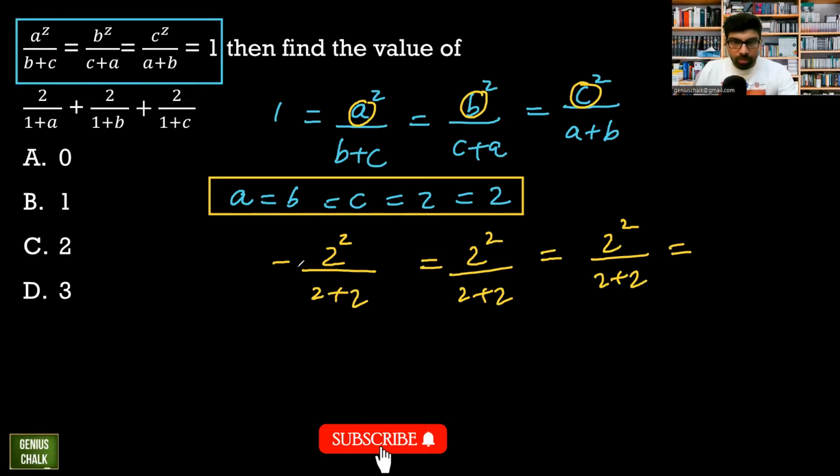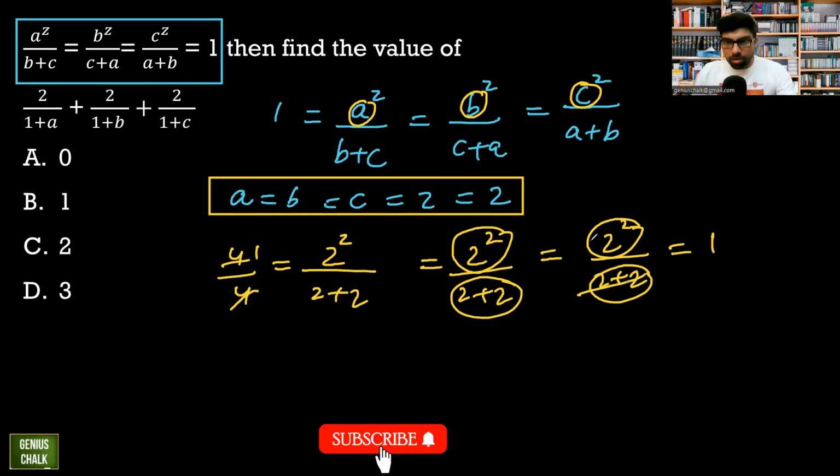So you can see that this is 4 by 4, which is 1. And here also this is 4 by 4, 1, 4 by 4, that means all are 1. By putting this value as all equal to 2, this equation is satisfied.